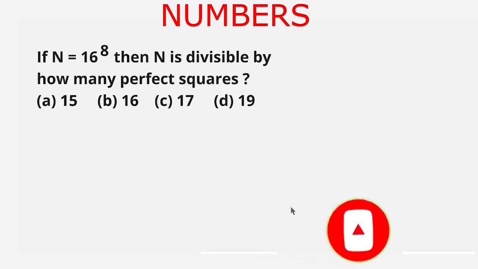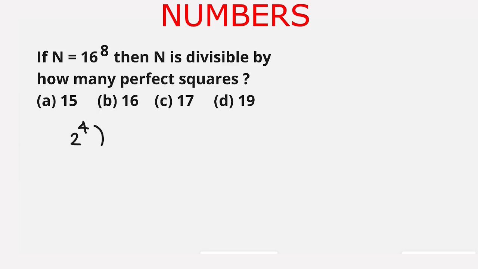The given number can be written as 2 to the power 4, as 16 is 2 to the power 4, to the power 8. This is equal to 2 to the power 2 to the power 8 times 2 is 16. The total power of 2 is 8 times 4 is 32. Here also 2 times 16 is 32.